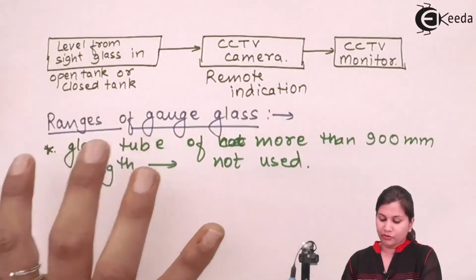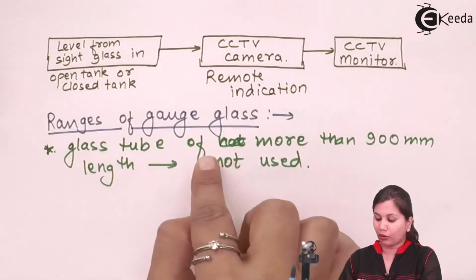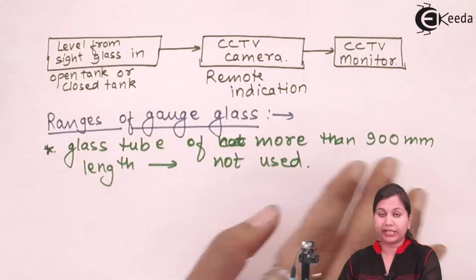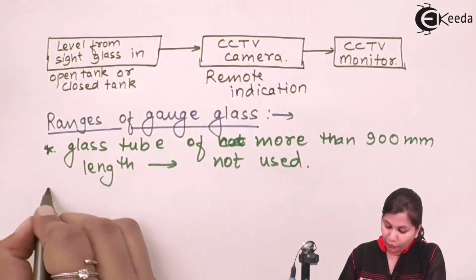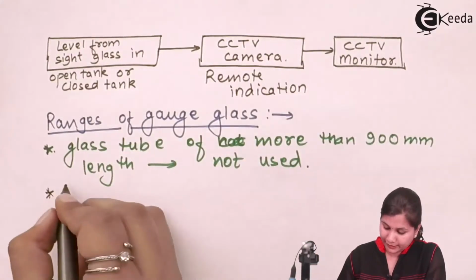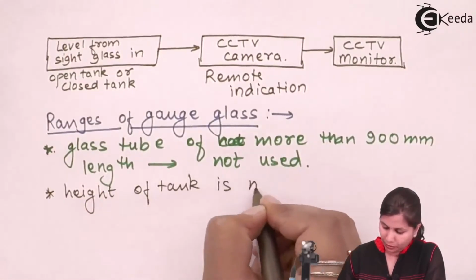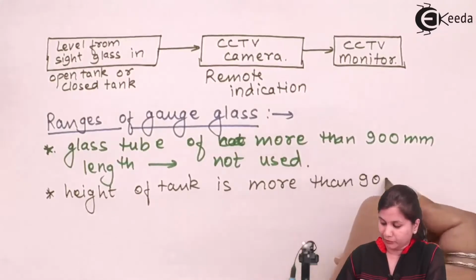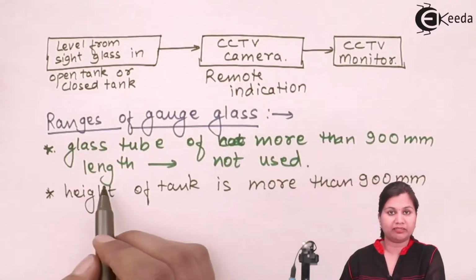In standard practice, glass tubes of more than 900 length are not used.